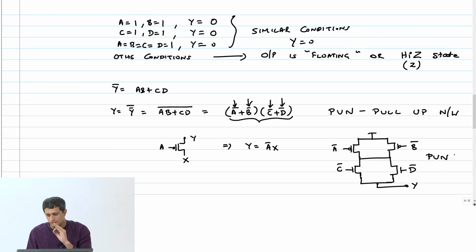So the first useful lesson here is when two outputs are floating in a complementary manner, when the output is 0 in the pull down network, it goes to 0, otherwise it floats. In exactly those conditions, the pull up network is going to pull it up to VDD. So therefore, I can tie these two outputs, do a wired OR connection on these two things and get a proper output. So to implement this function, Y equal to AB plus CD whole bar.